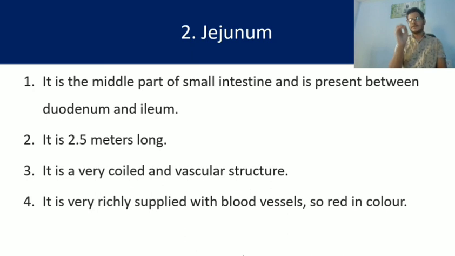Because when the food gets simplified, it is absorbed into the blood vessels, and as the wall of the jejunum is richly supplied with blood vessels, it looks red, and it helps in the absorption of food from the jejunum to the blood vessels.